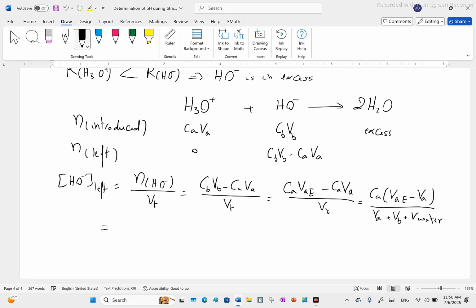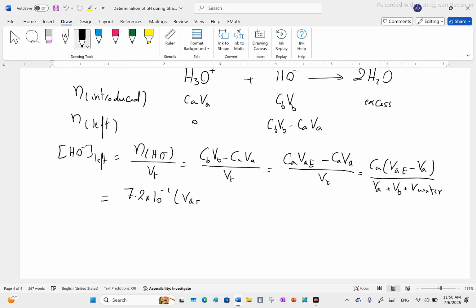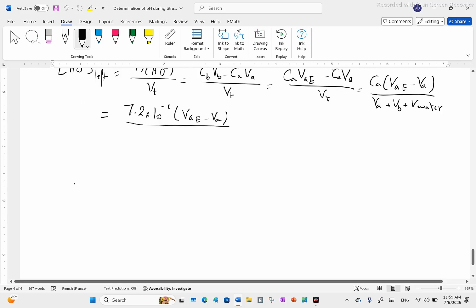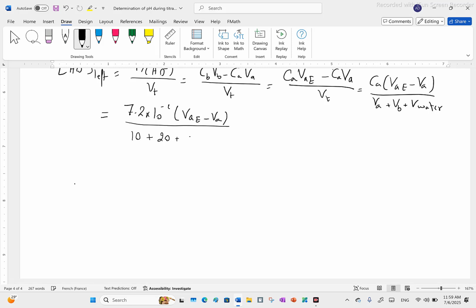We replace CA by its value 7.2 × 10^-2, VAE minus VA, over volume of acid 10 milliliters plus volume of base 20 milliliters plus volume of water 20 milliliters, equals 7.2 × 10^-2 (VAE minus VA) over 50.